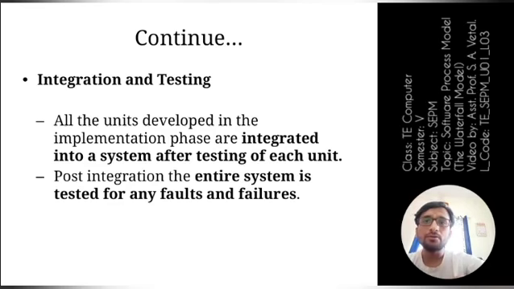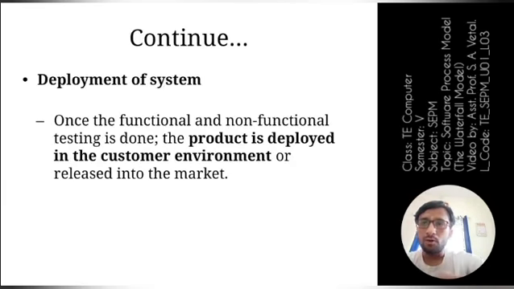The next phase that we are going to perform is deployment of the system. What is deployment? Deployment is nothing but installing your system or software on the customer's side.